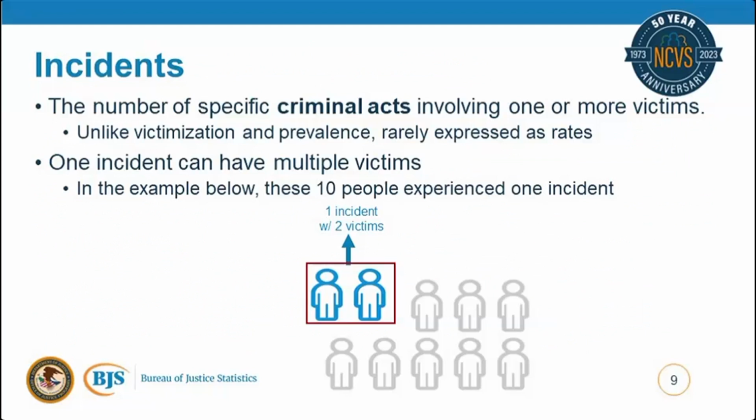For example, if one person is robbed, this would count as one incident and one victimization. If 2 people are walking together and both are robbed, this is considered one incident, but 2 victimizations. In the figure on the slide, these 10 people experienced one incident.